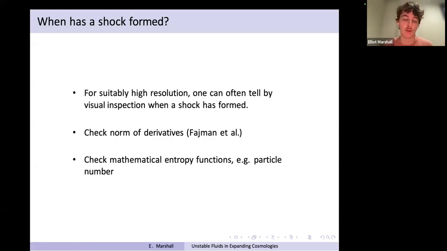So this is an entropy for the relativistic Euler equations. Essentially what you would do is very similar: you would check the integral in space of your entropy function, and you should see that either it's conserved up to some numerical level or it won't be conserved if there's a shock. But primarily we've worked with this norm of derivatives approach.